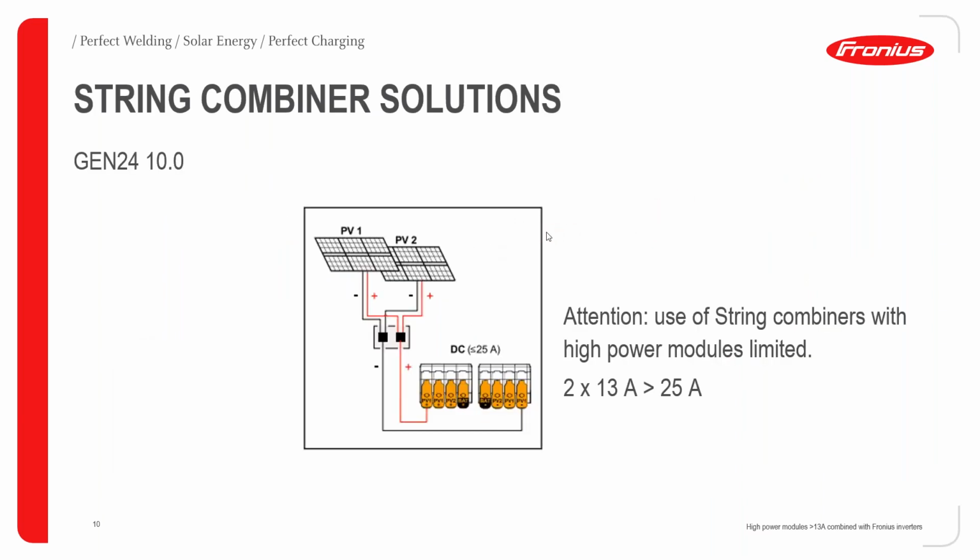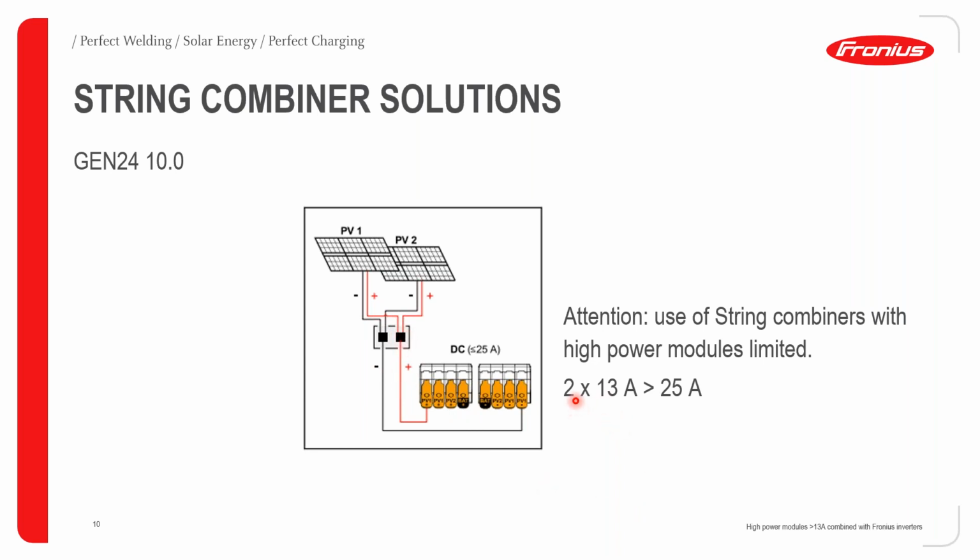Another comparison we can check is how you can connect several modules, what we refer to as high power modules, with ISC currents going upwards of 13 amps. For instance, if you have a Symo Gen24 10 kilowatt inverter and you have several strings that you want to pre-combine, you might find some limitations here.